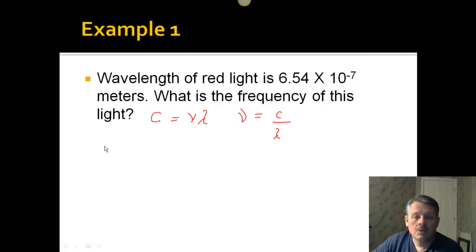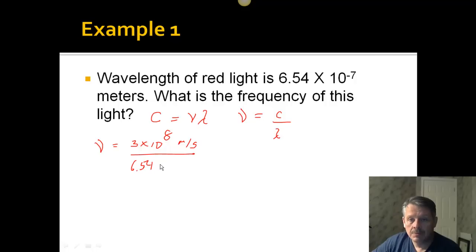So my frequency, which is nu, is equal to the speed of light, 3 times 10 to the 8th meters per second, divided by my wavelength, which is 6.54 times 10 to the minus 7th.